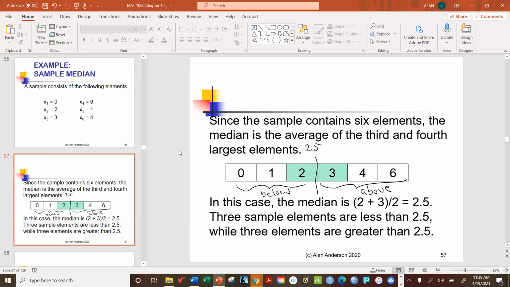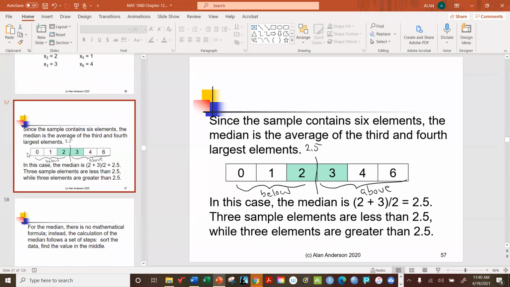In both cases, the final result is the number that divides the data in half. All right, so I think we get the idea.